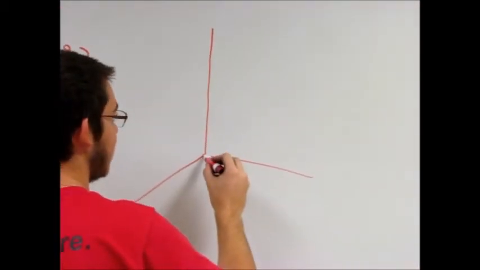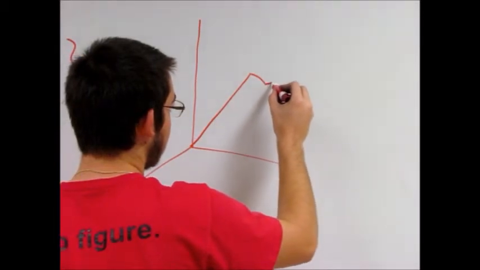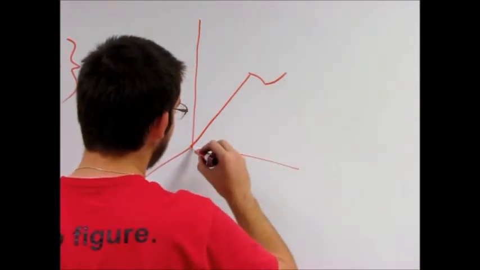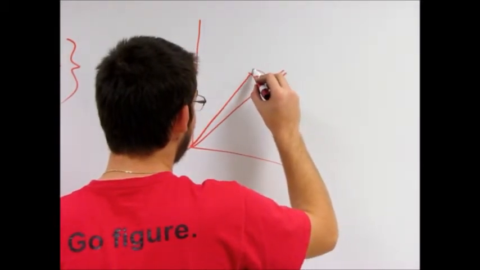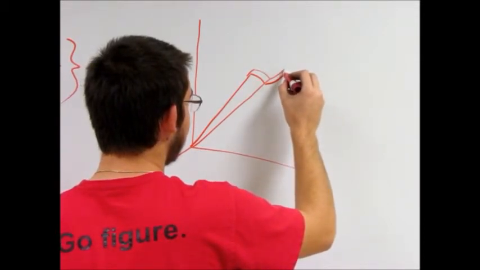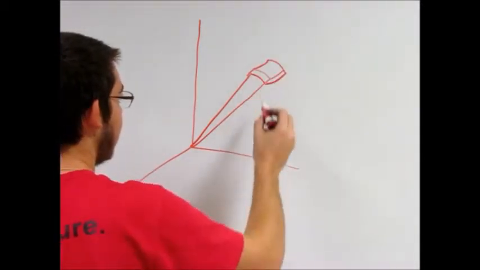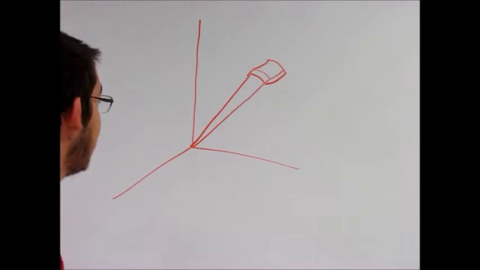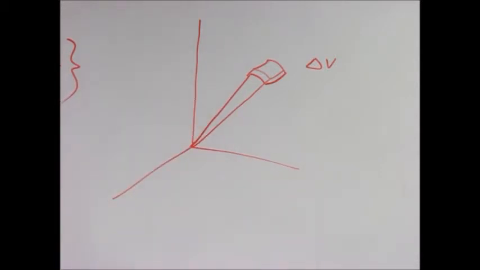You imagine a tiny slice of, okay, so say this is a slice of a sphere, sort of, and let's call this delta V. For this slice, we slice our region up into small pieces that look like this.